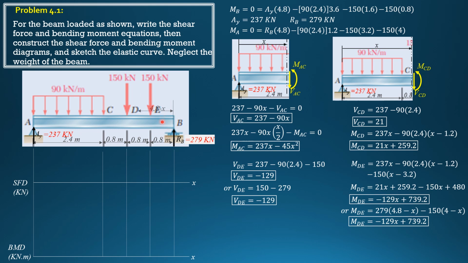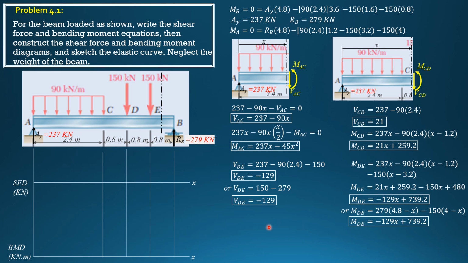Positive moment is counterclockwise this time. And the shortcut: we have a new load which is downward. So shear EB is the preceding shear, negative 129. We have a new load of 150 downward, so minus 150.